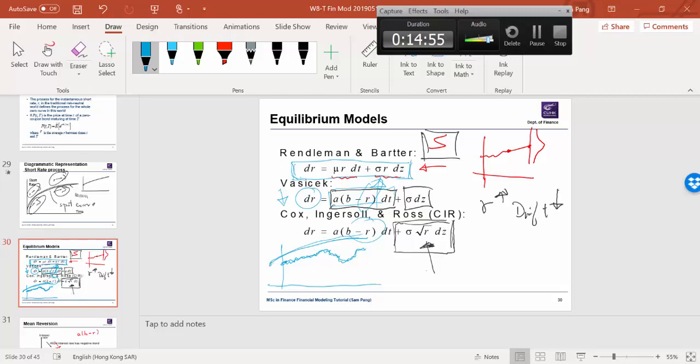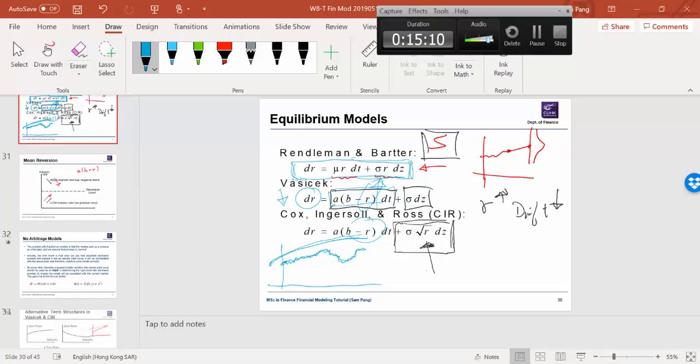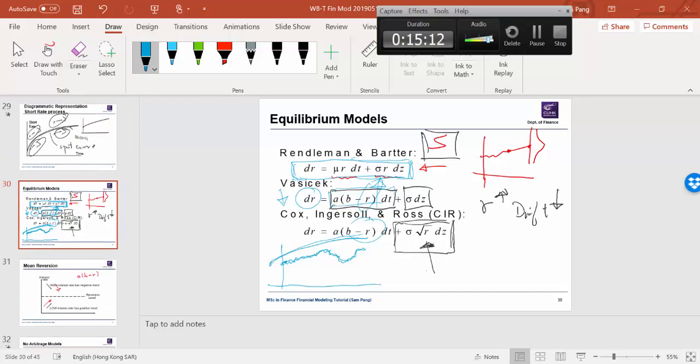Actually, I tell you, one of the debates for a long time regarding these models, including the no arbitrage models, was that they are unable to cater for negative interest rates. In other words, you could get into situations where the interest rate became a negative value.